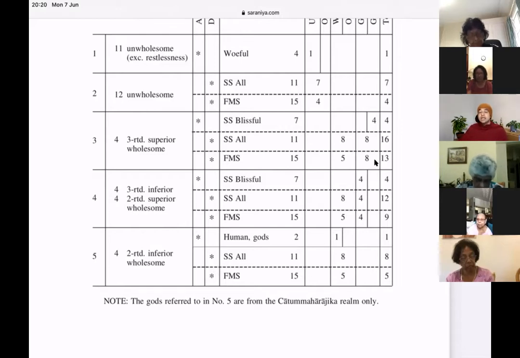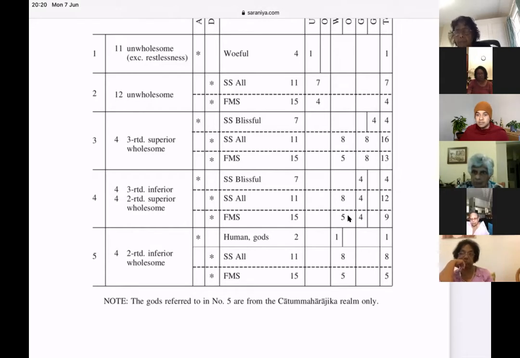Now, what is in your book? You said that this is 13, hold on. We don't have the 4. We have 8 there and we don't have the 4 here. That's the difference. So in section 3 under fine material, we have the 15, we have the 5, we don't have 8, so we have 5 as a total. In section 4 here, again under FMS, we have 15, and we have 5, but we don't have 4, so we don't get 9 there. What do you have?